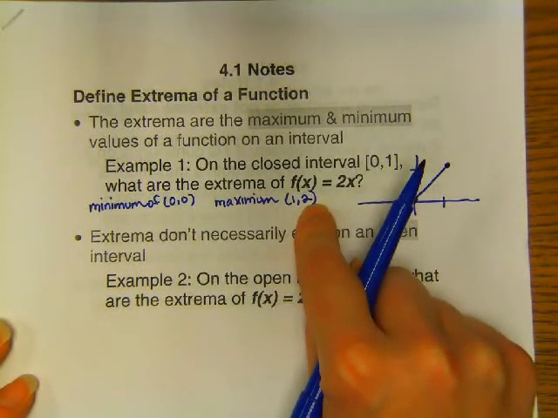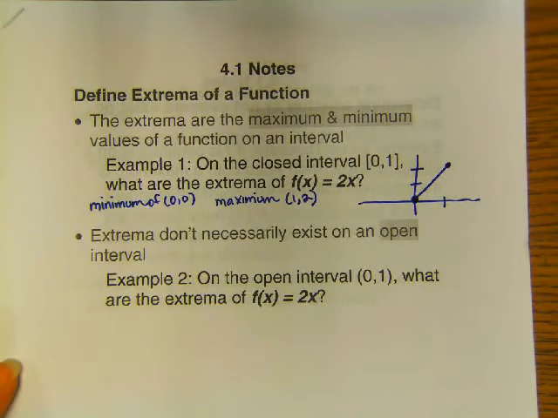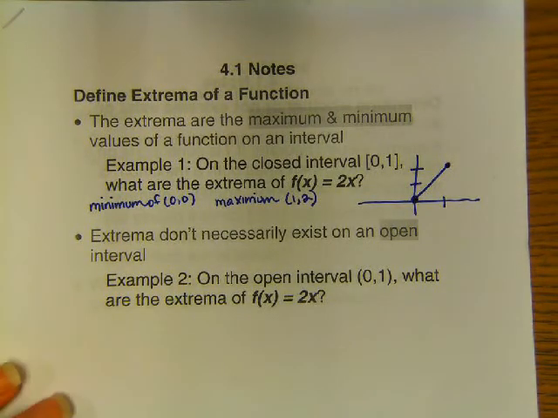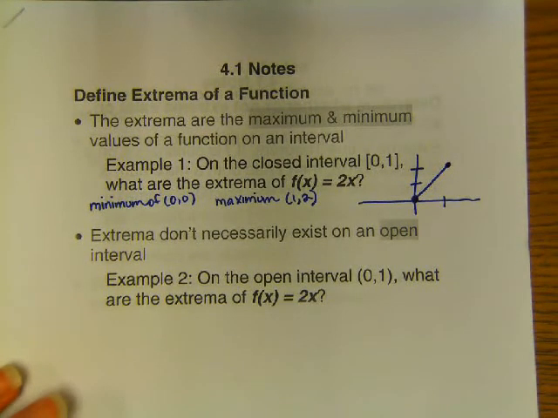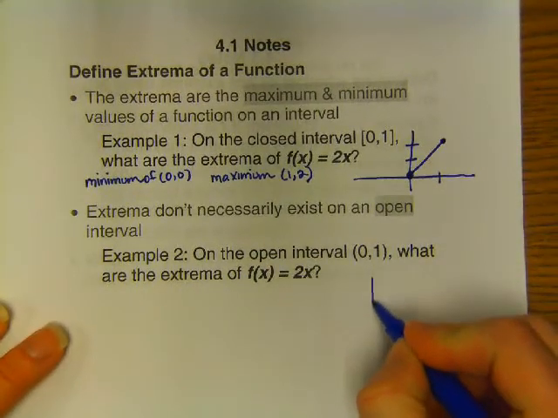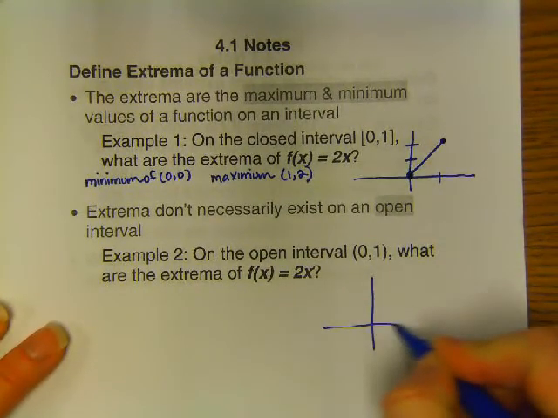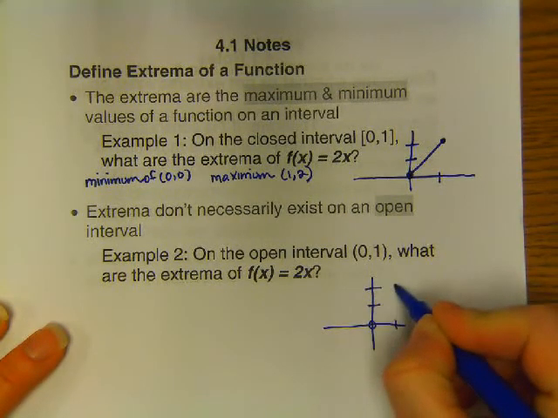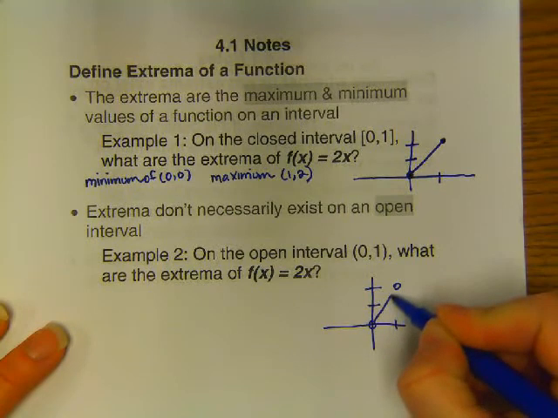Now, let's say we changed this to an open interval. On an open interval, what we would then say is, because these are open circles, this doesn't have extrema. They don't actually ever reach those points.